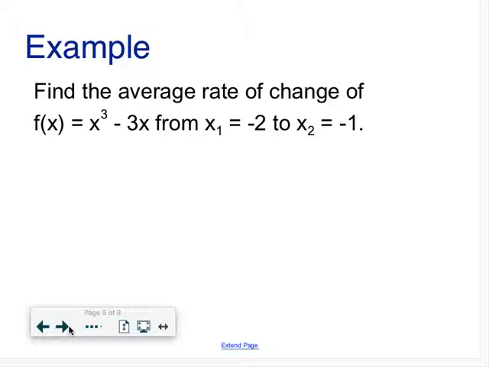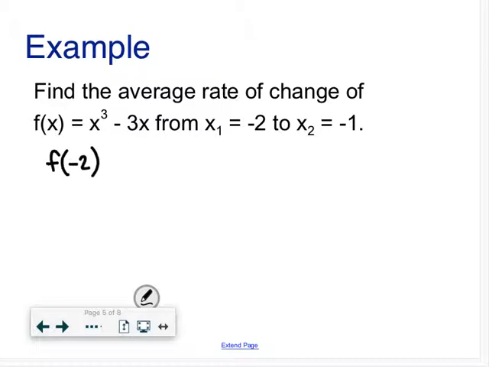When you think about the average rate of change or the slope formula, you want change in y over change in x. So we already have the x's, but we need the y's. And now we're going to do basically what Elena was asking about from the summer packet, which is function notation, just a direct substitution. So I'm going to first calculate f of negative 2.